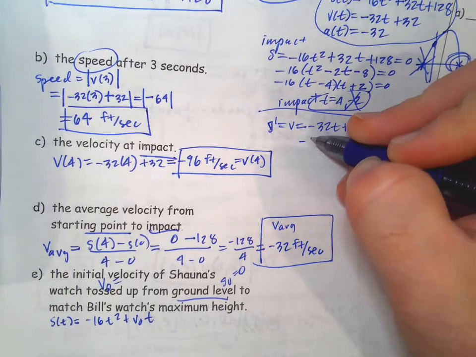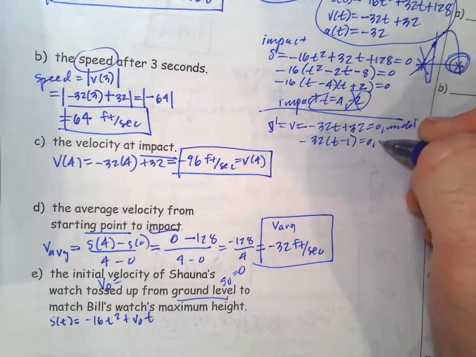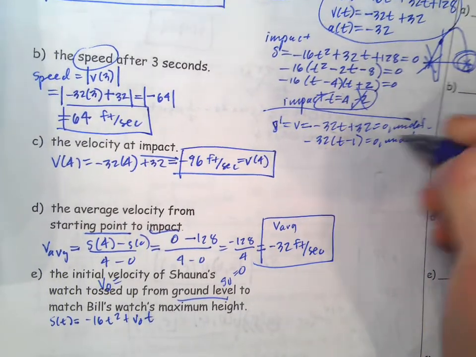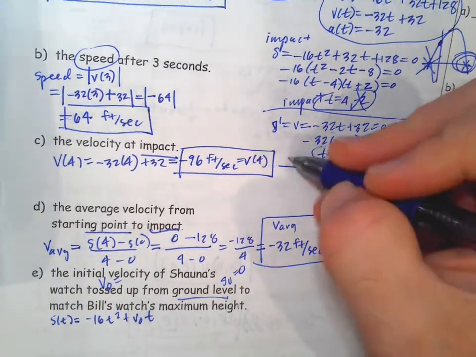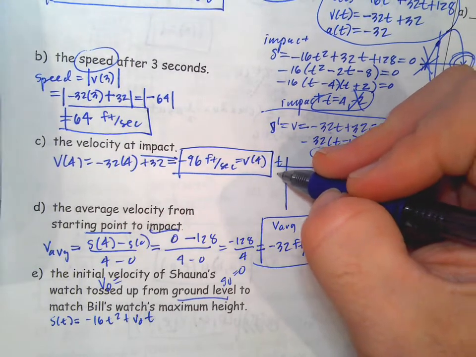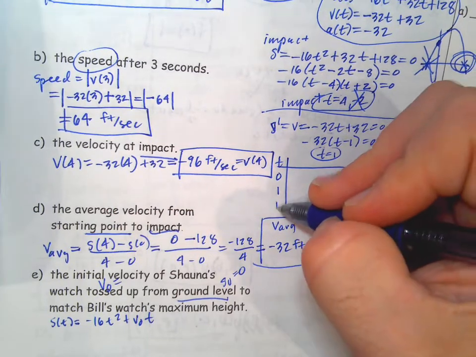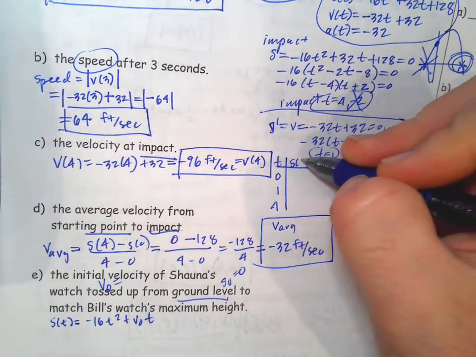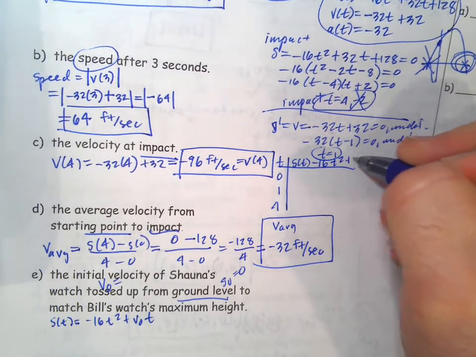So you factor it. So t equals 1. This is for Bill. I'm going to plug in points, 0, 1, critical points, impact was 4, into Bill's position equation.